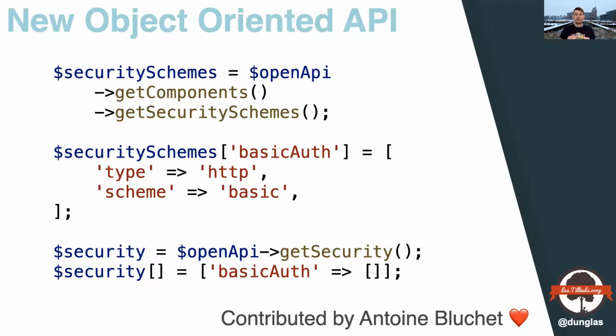Actually, this library can even work without the full framework. It's a standalone set of classes that you can use in any project to build an API documentation. And it makes it much easier than before to tweak and to customize the OpenAPI documentation exposed by API Platform.